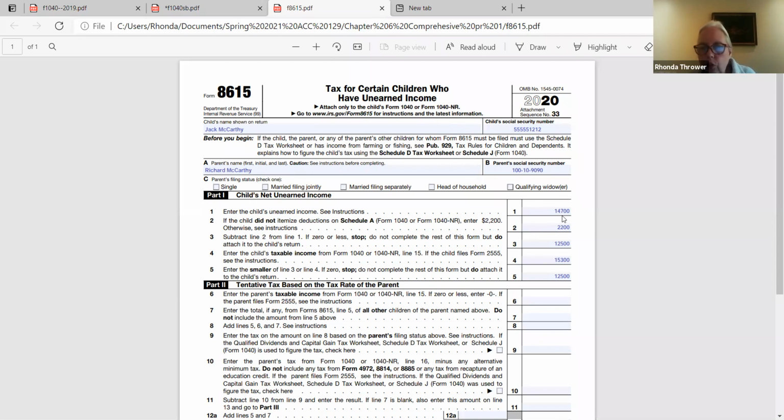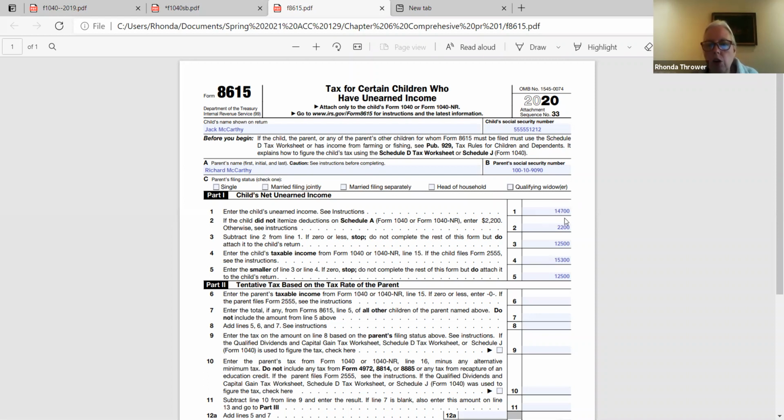So in other words, this 14,700 is made up of 11,300 in interest from the Tandy Corporation plus 3,400 in dividends from the Tandy Corporation. This would be lines 2A and 2B on Form 1040 added together, which will give you the 14,700.